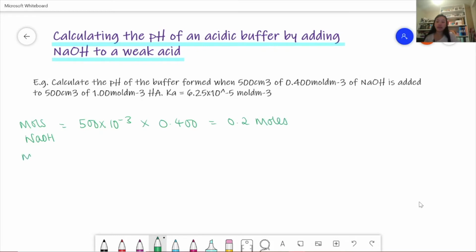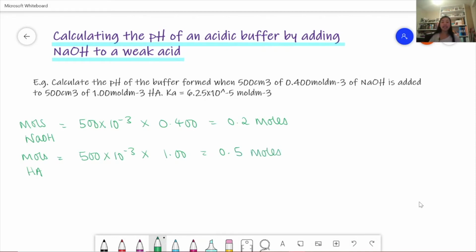Then I do the same thing for the moles of HA: 500 times 10 to the minus 3 times 1.00, and that gives us 0.5 moles.